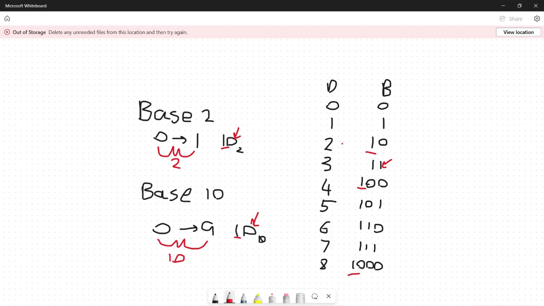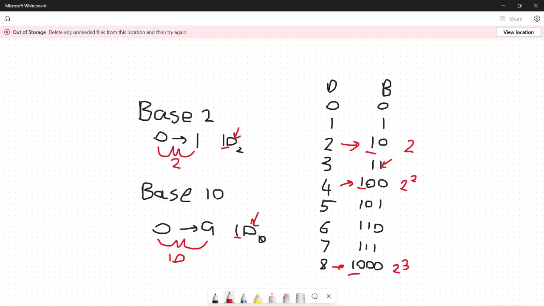And if you look at the pattern of where these were added, you get 2, you get 4, which is 2 to the power of 2, and you get 8, which is 2 to the power of 3. And this keeps going. At 16, we'll get a new digit.